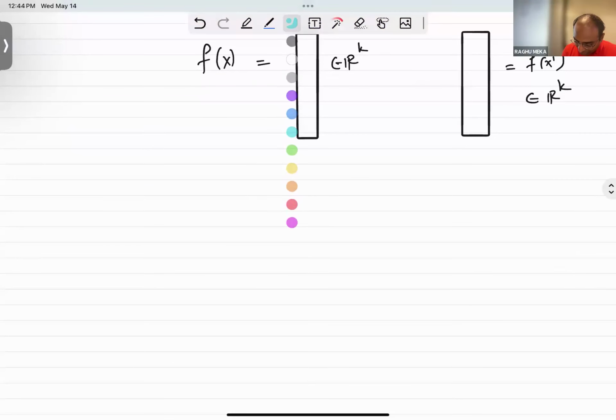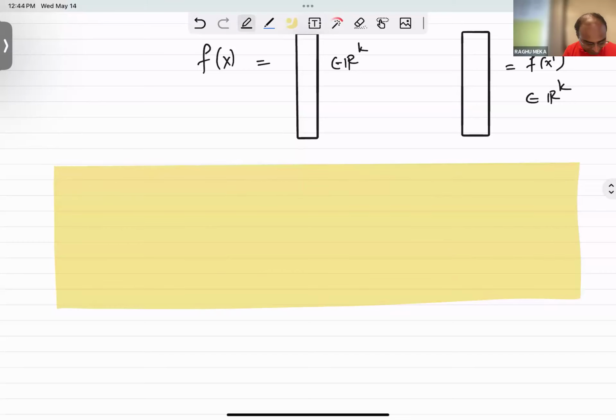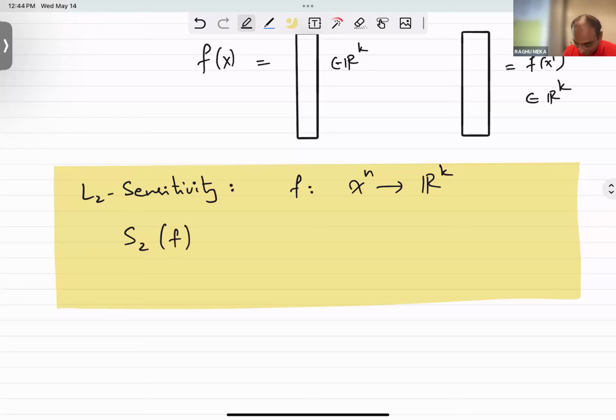And in the same way, you can define the L2 sensitivity, which is, how much does the output change in Euclidean distance? So for any such function f, I can look at two neighboring databases.